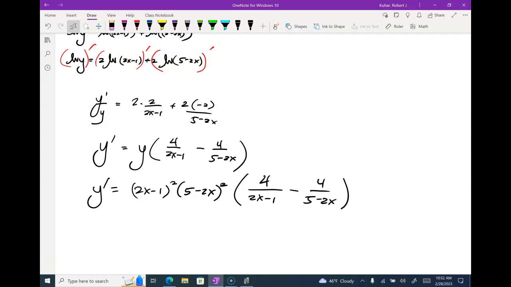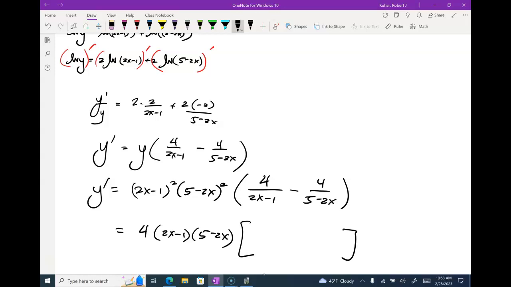I'm going to take one of each of my factors and distribute it in. And I'm going to take my 4 and factor it out. Yes, you with me? I'm going to take the 4 and factor it out. You see that part? And I'm going to take a 2x minus 1 times a 5 minus 2x and put it inside. So I took the 4 out by factoring.